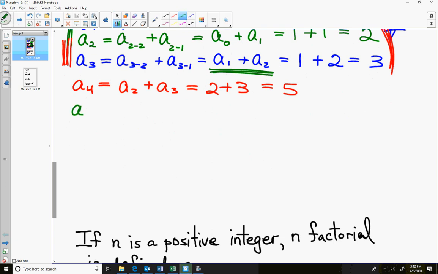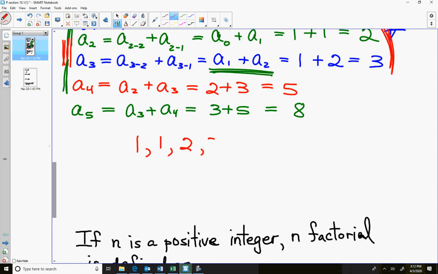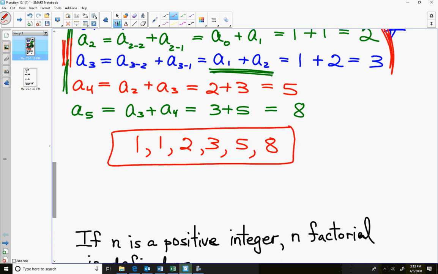So let me go one more here to A5. And it's going to be these two terms. So it's simply A3 plus A4. So it's going to be 3 plus 5, which gives me an answer of 8. So the answer to this problem is going to be the sequence 1, 1, 2, 3, 5, 8. And those are the first 6 terms of the Fibonacci sequence.